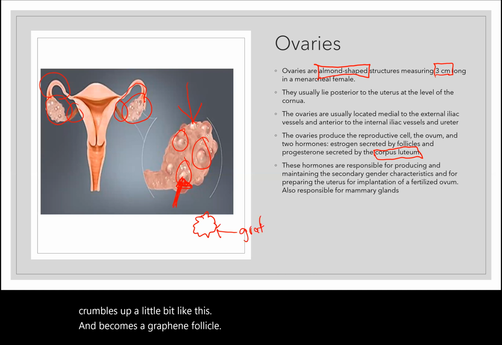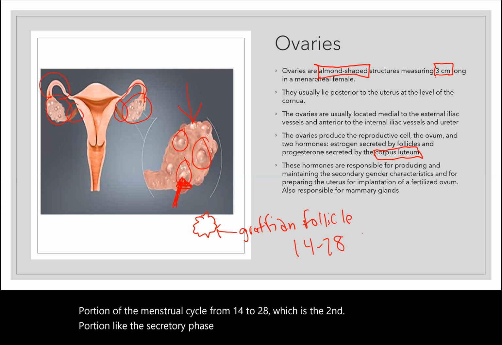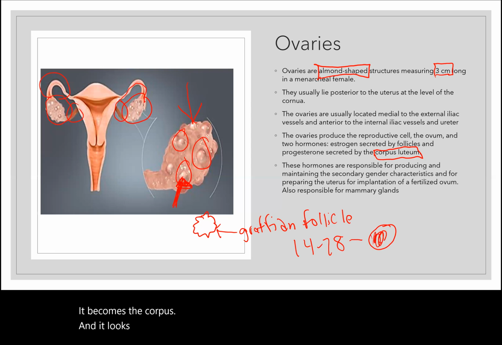And then the second portion of the menstrual cycle, from 14 to 28, which is the secretory phase, as we call it, it becomes the corpus luteum. And it looks kind of like this on the ovary.